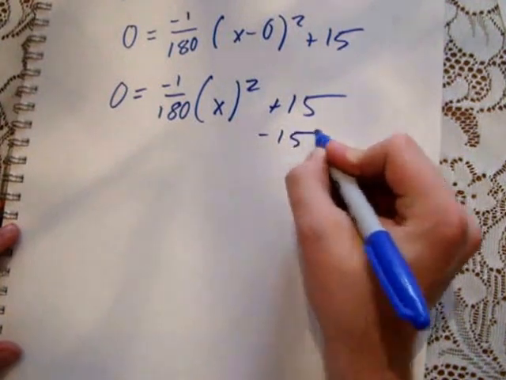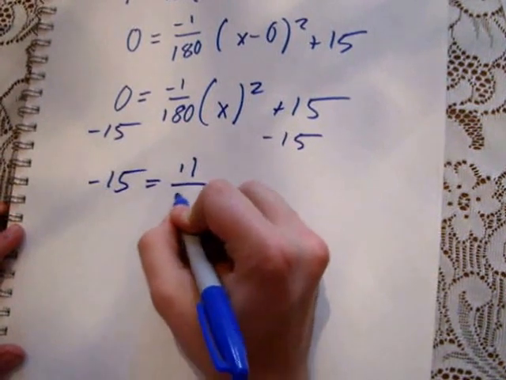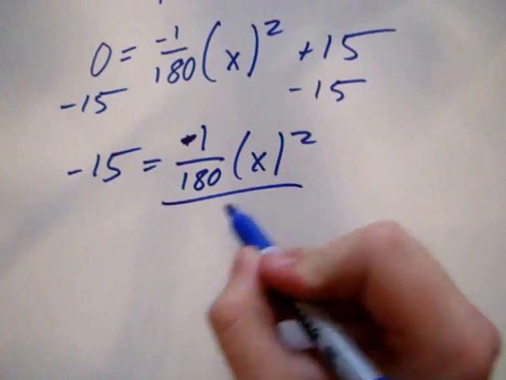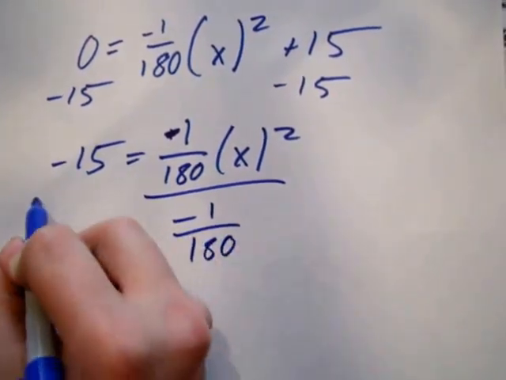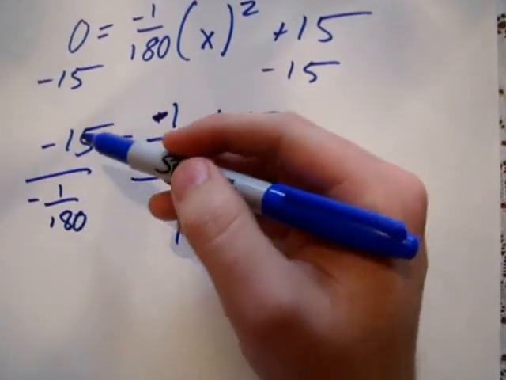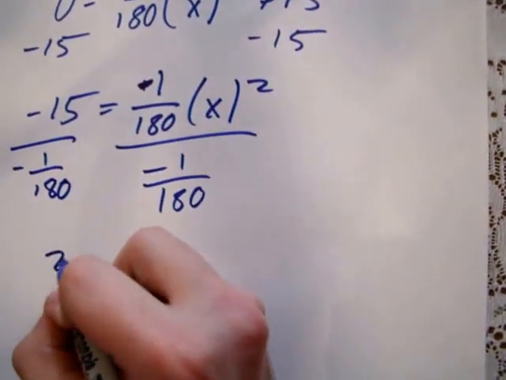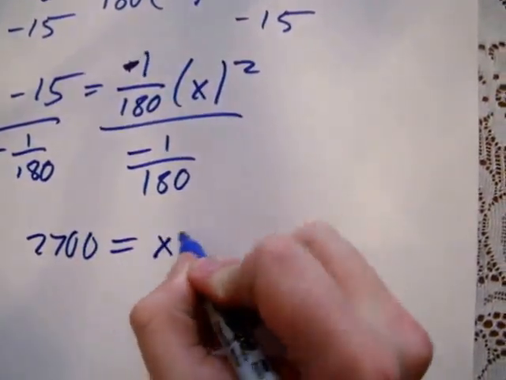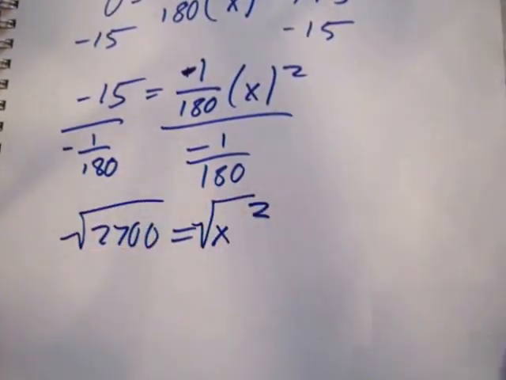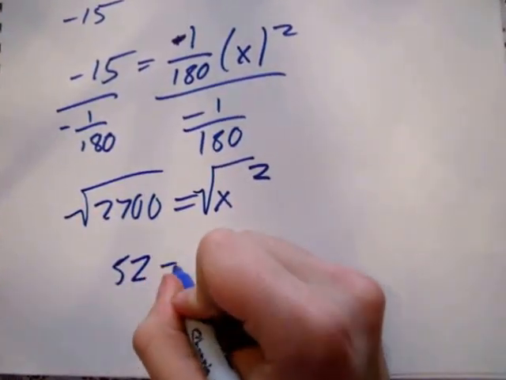Now we subtract 15 from both sides to get -15 equals -1/180 x squared. Now we have to divide both sides by -1/180. Because it's a triple fraction, it'll just be a regular number, and the two negatives will make it positive. When you punch this in on your calculator, it equals 2700. Because it's x squared, we have to take the square root of both sides. The square root of 2700 is around 52, and that would equal x.